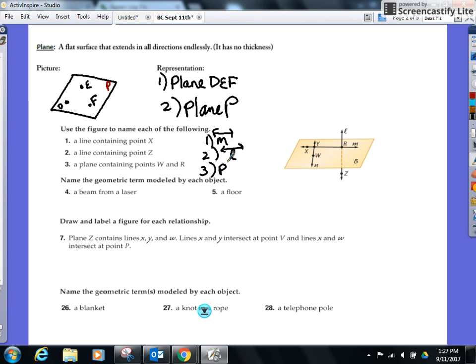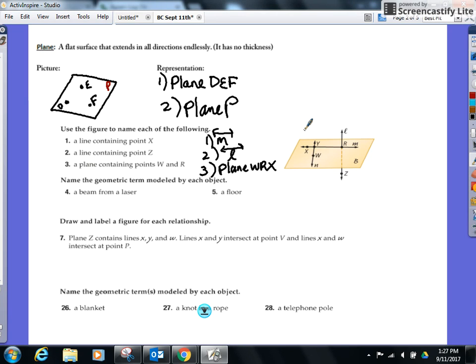I like it. She gave me 3 points that do not form a line, or anybody else want to do plane B? You could do plane B as well. Okay. Any issues? Yes. Yes. Good question. It's got to be below.